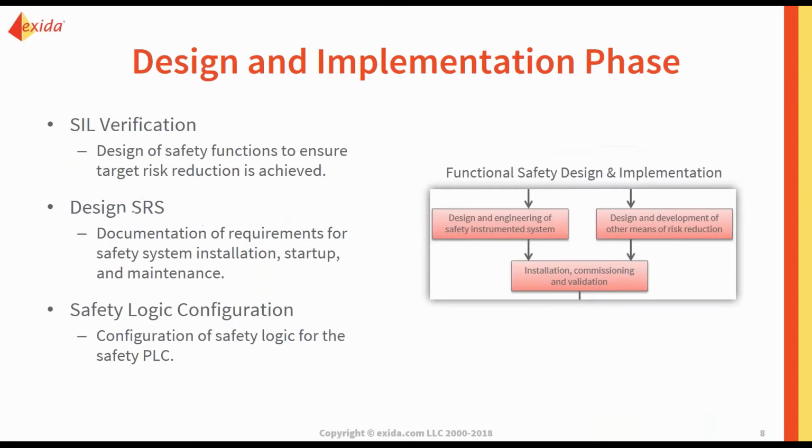I do want to focus on the design and implementation phase of the life cycle today, and that includes three pretty important tasks that I'm going to zero in on.